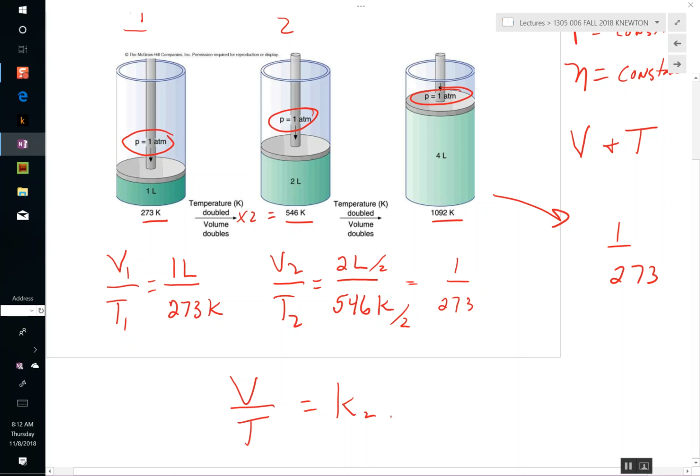And what we would also say here in word terms is that the volume is directly proportional to the temperature. What does that mean? You increase temperature, you're going to increase volume. They move together.